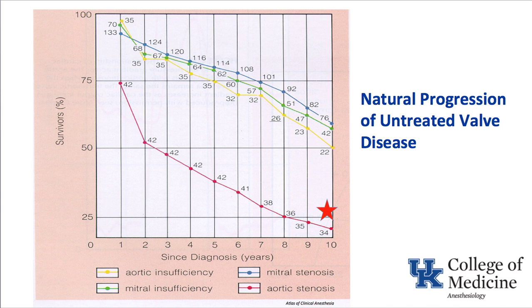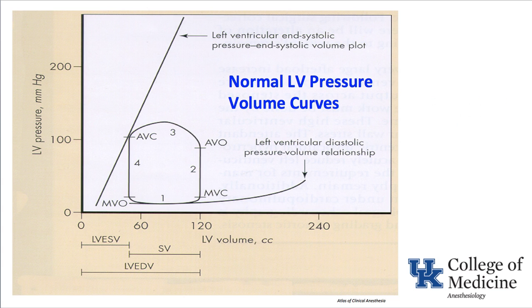But aortic stenosis, look at how bad it is. The number of survivors after diagnosis at 10 years is less than 25%. So aortic stenosis is especially bad if left untreated.